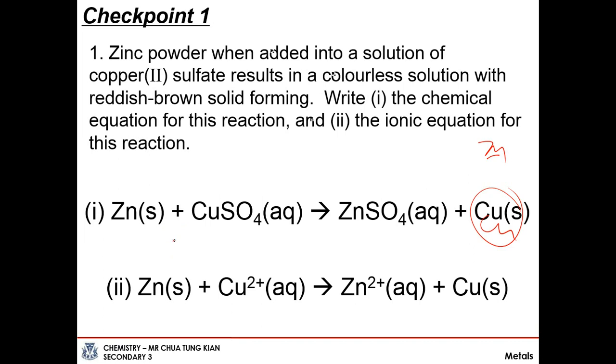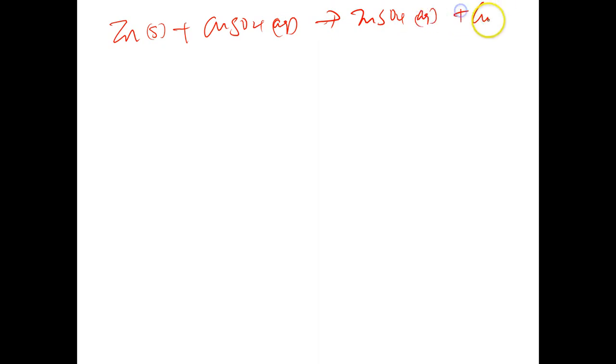If you forgot how to derive the ionic equation, let's go through this in a little bit. So we have zinc solid plus copper sulfate, aq, giving us zinc sulfate, aq, and copper solid. So the ionic equation tells us what ions are involved in the reaction.